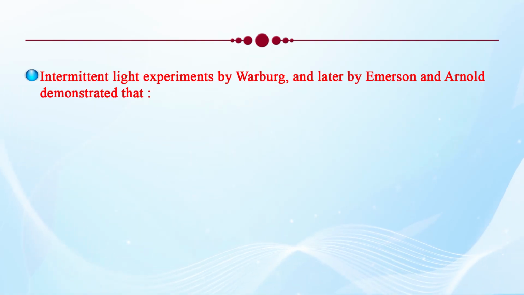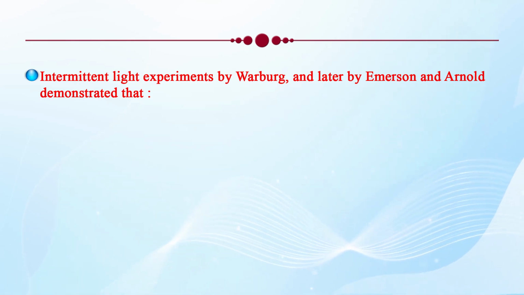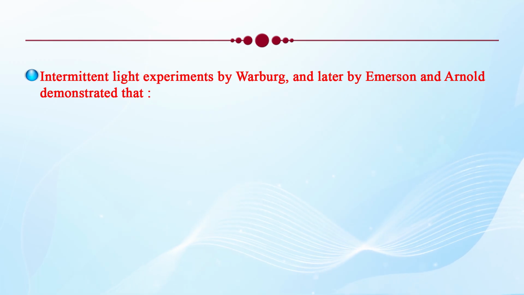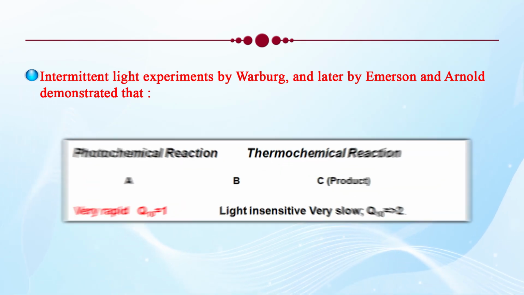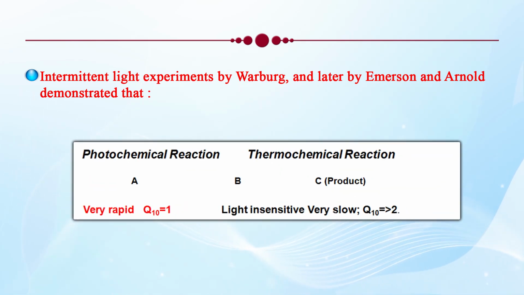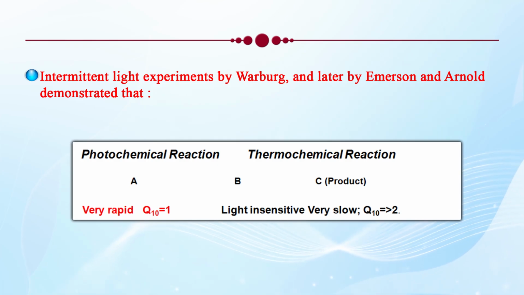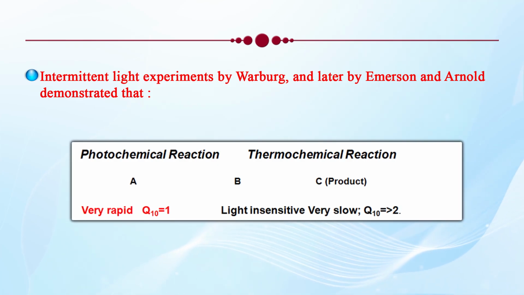There were various intermittent light experiments that were performed by Warburg and then later by two scientists, Emerson and Arnold. And if you remember, learners, Emerson was also a Nobel laureate. They actually demonstrated that photosynthesis consists of two different phases.